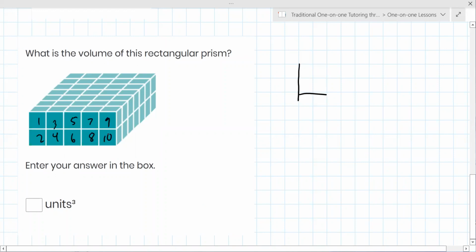There's 10 of those, and that's this front piece. Okay, but how many of those are there? There's 1, 2, 3, 4, 5, 6, there's 7. There's 7 of these slices, so to speak.